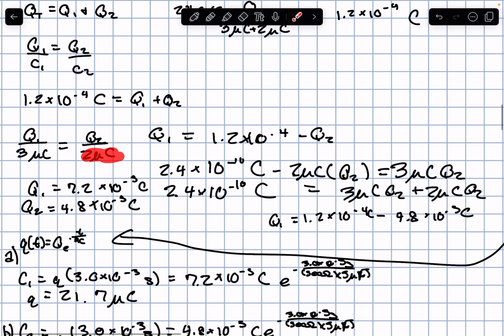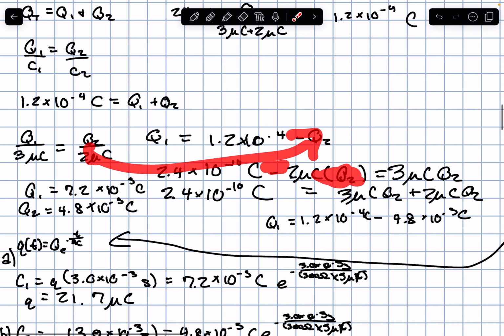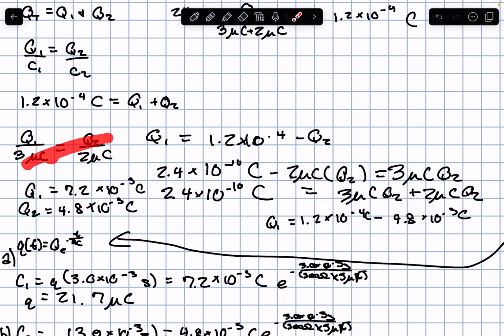So 2 microcoulombs is going to be multiplied up here. I just did that, 2.4 times 10 to the negative 10th coulombs minus 2 times Q2 right there, and then this multiplied by that.